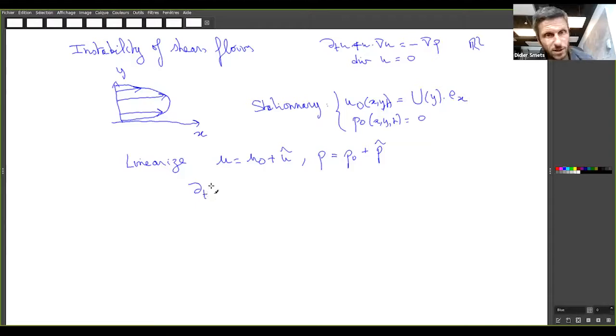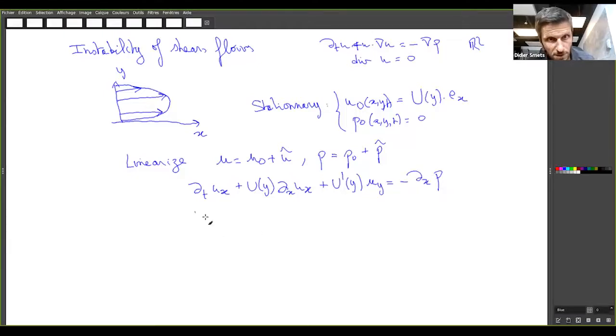So the linearized equation will be ∂t ux plus U of y ∂x ux, sorry, plus capital U prime of y times uy is equal to minus ∂x p.